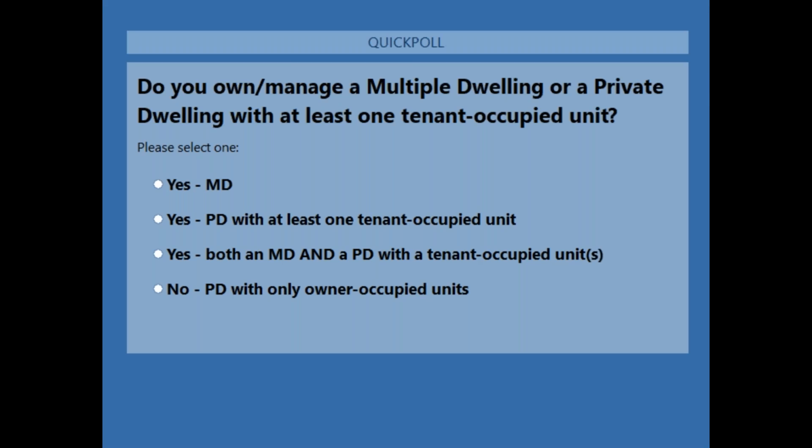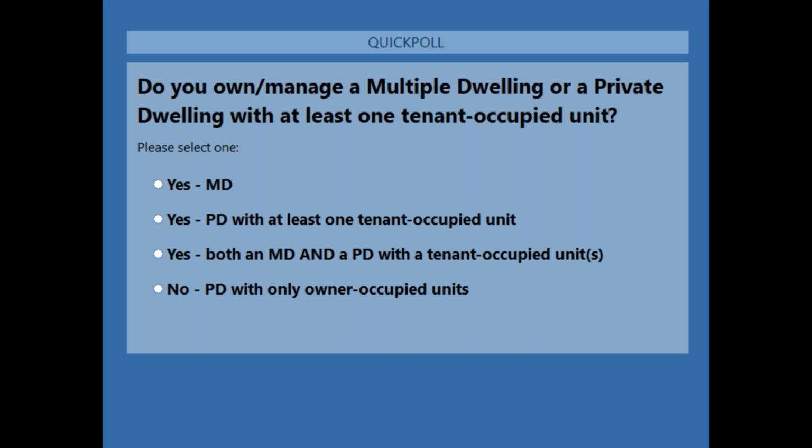Okay, I see about 20% of you have voted. About half of us have voted. And just a reminder for anyone who doesn't remember, a multiple dwelling has 3 or more units.